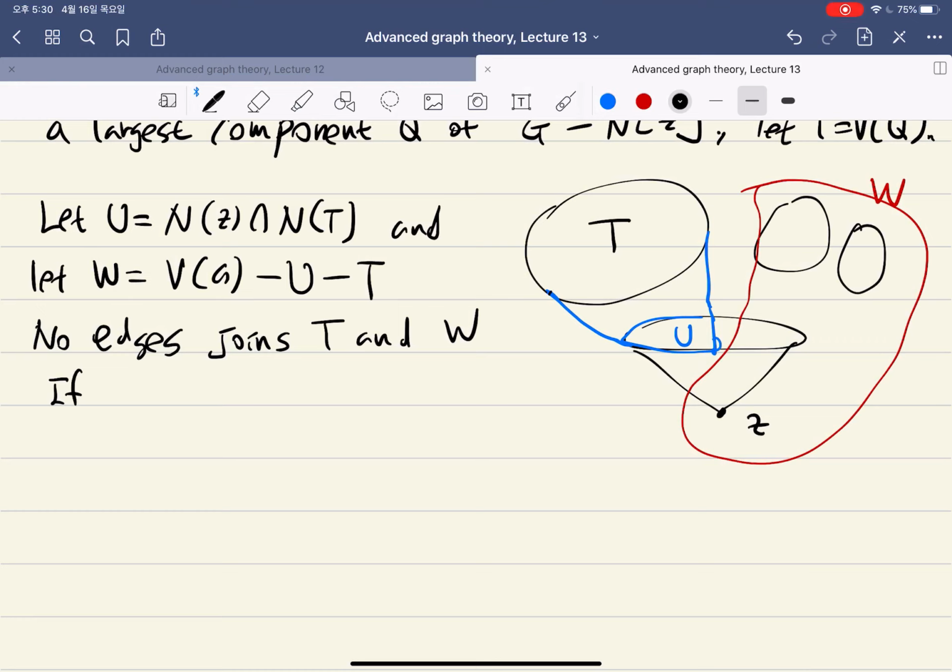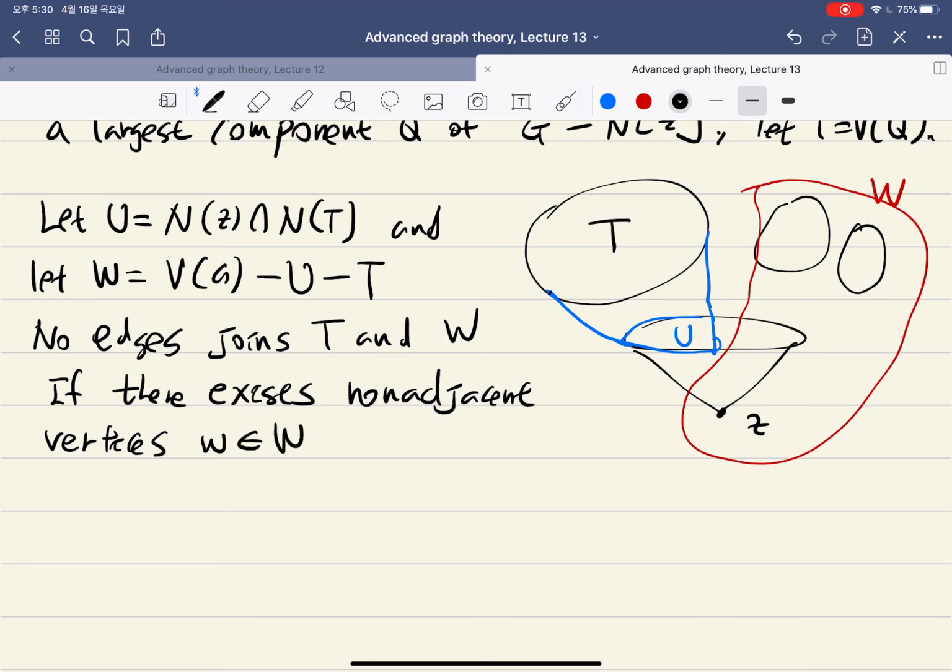So if there exist non-adjacent vertices in W and U. So here U and somewhere here W, and that's not adjacent.